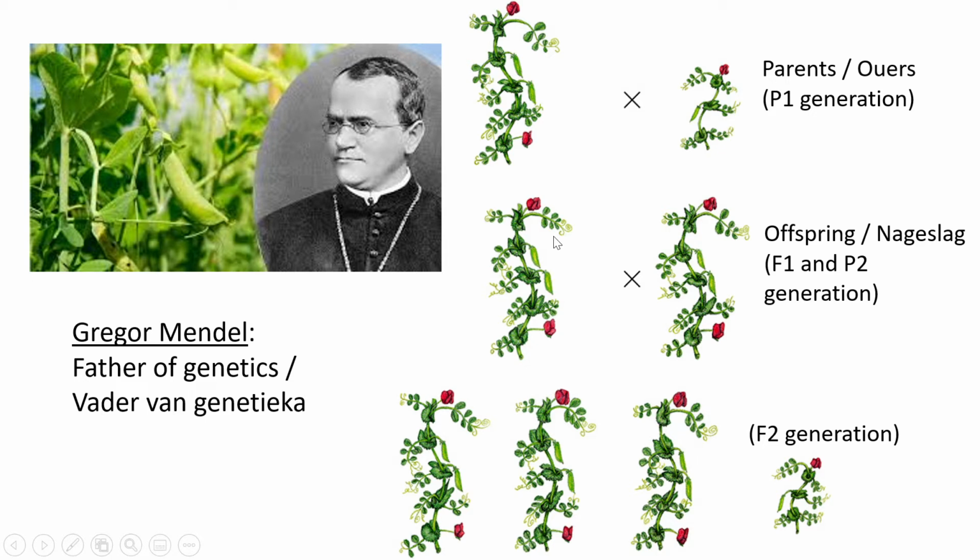Then he took two of the same offspring, so if this one was male and this one female, they're brother and sister, and he mated them with each other. The offspring are also known as the F1 generation, the first filial generation.